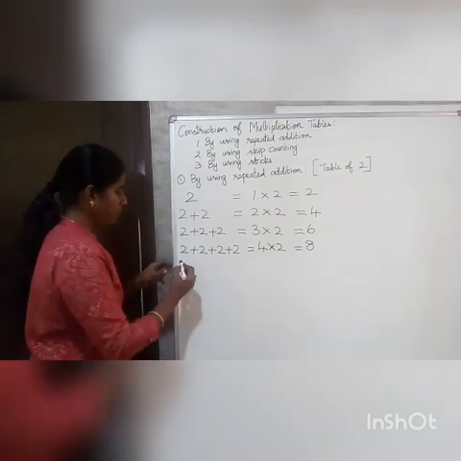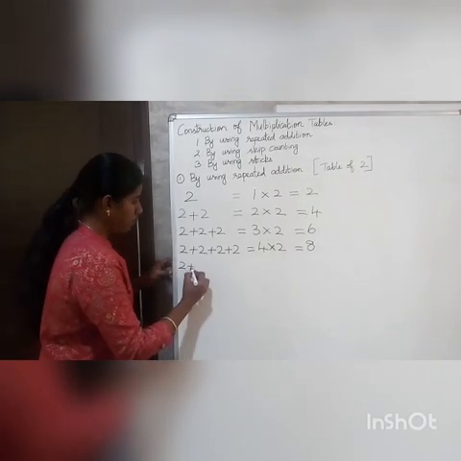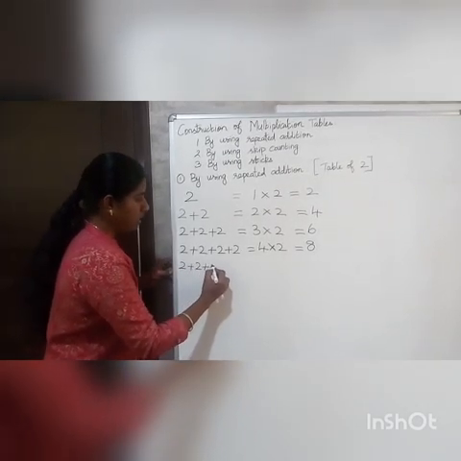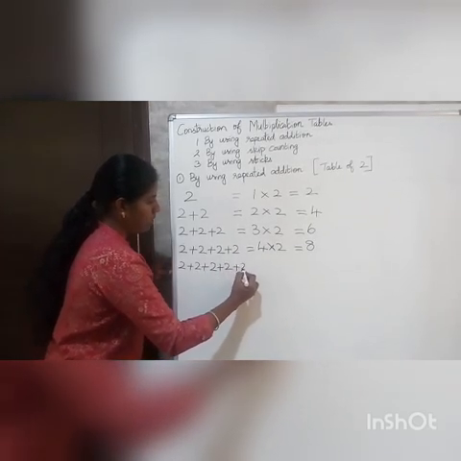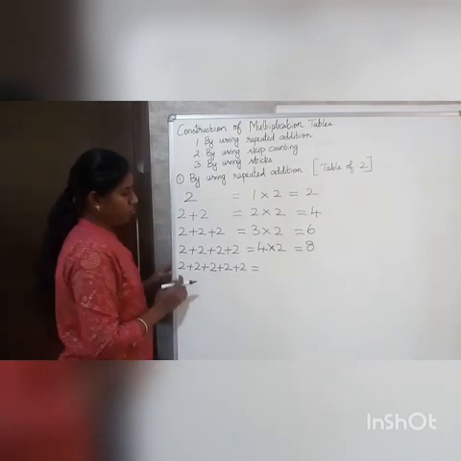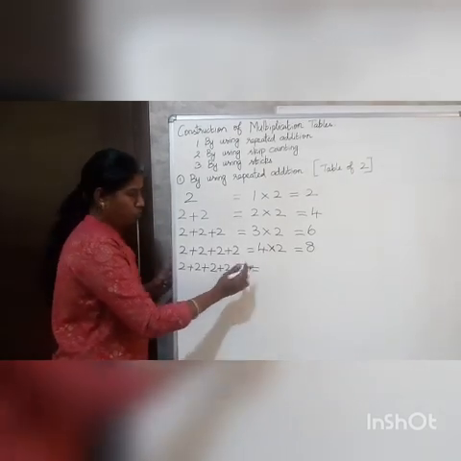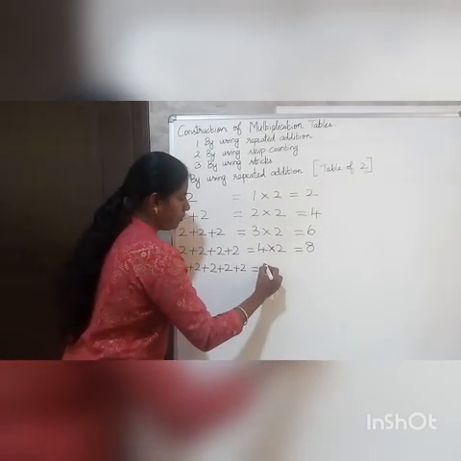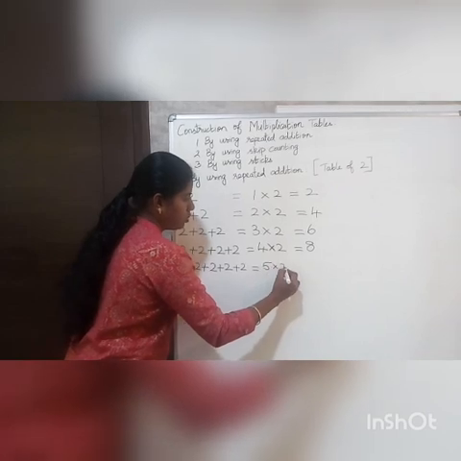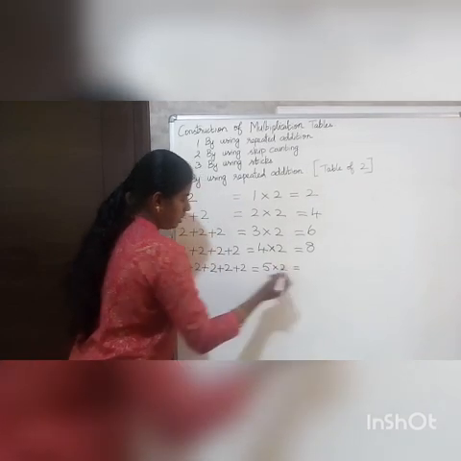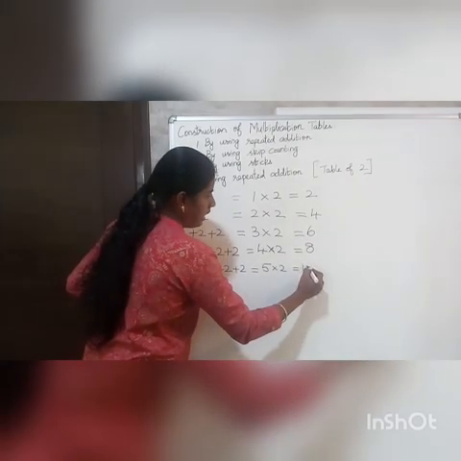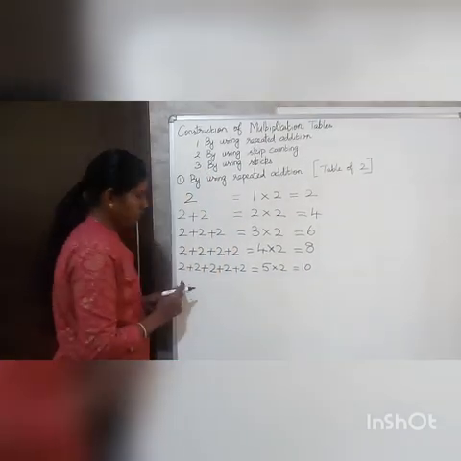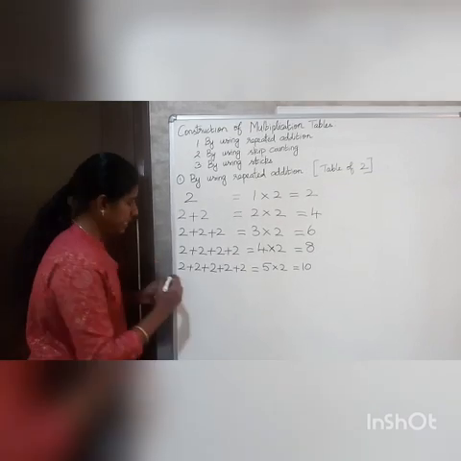Next is 5 times. So 1 time, 2 times, 3 times, 4 times, and 5 times. So 5 times we have written 2. So 5 times 2, 5 2's are. When we add 2 five times, we will get 10 as the product. The next one will be 6 times.